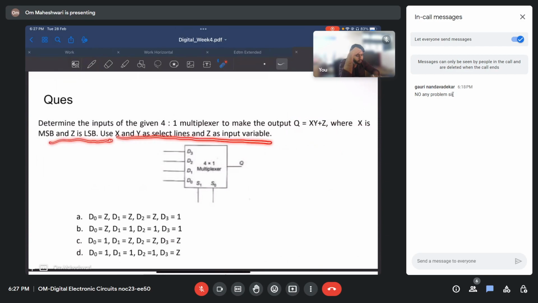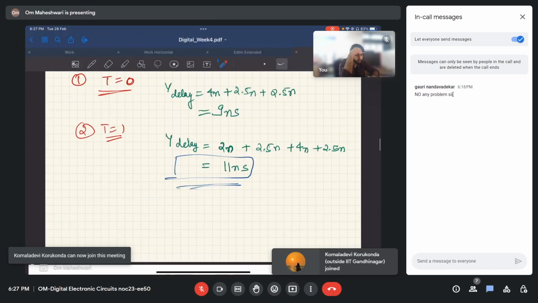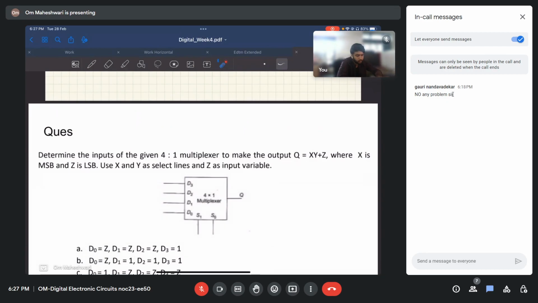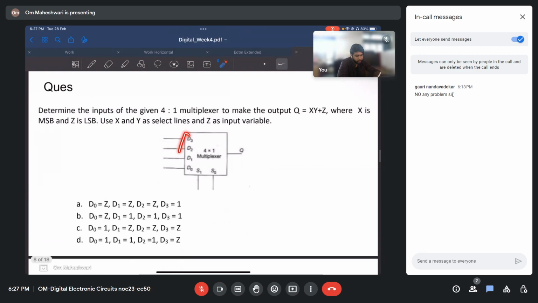Use this select line and input variable. So we have to find the input conditions to get Q equals to xy plus z to implement this function.